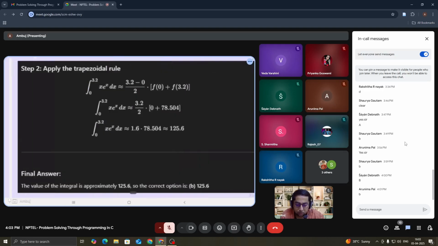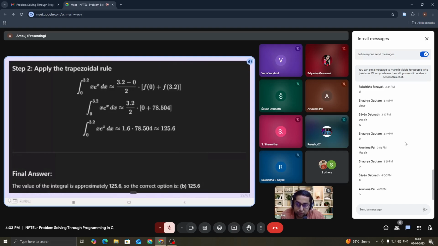Now the definite integral 0 to 3.2 of x into e raised to power x dx will be given by this expression: (3.2 minus 0) divided by 2, times (f of a plus f of b). So 3.2 divided by 2, times (0 plus 78.504). That would be 1.6 times 78.504, that is 125.6. So the correct option is 125.6.